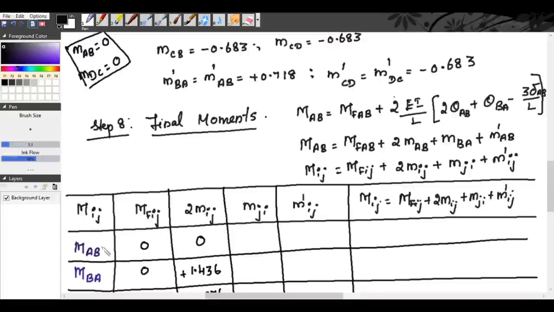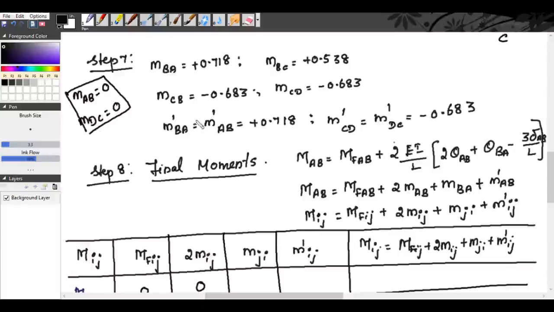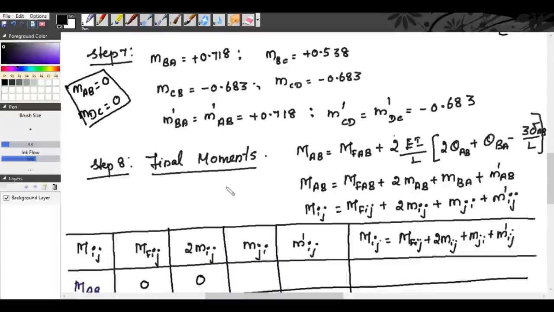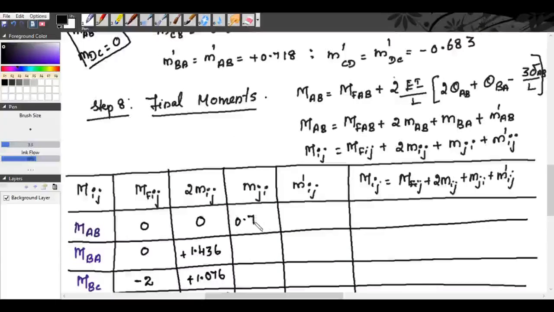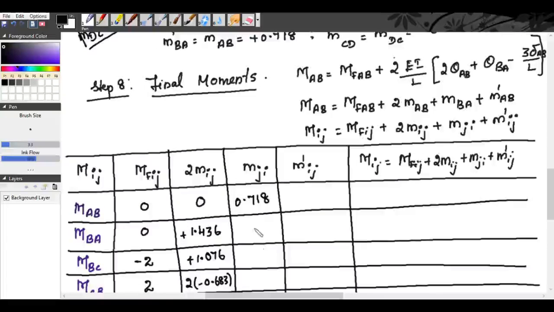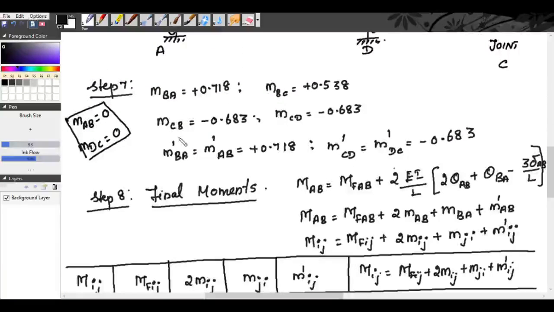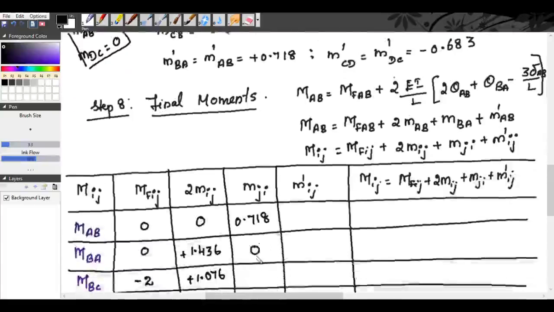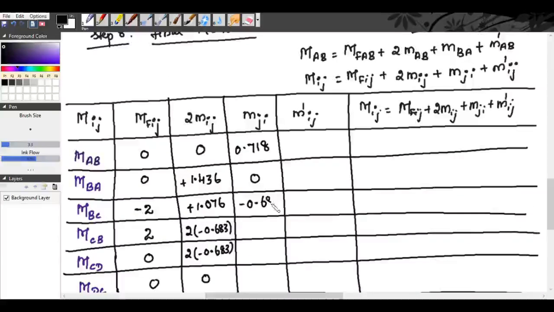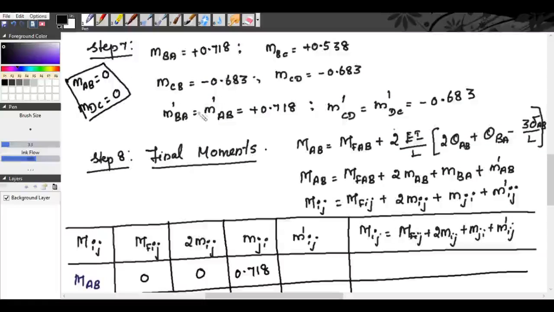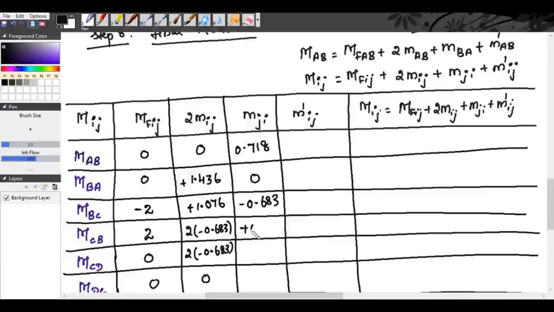Now MJI. MJI means it is for the member BA. So MBA is plus 0.718. MAB is 0. MCB is minus 0.683. Now MBC is plus 0.538.